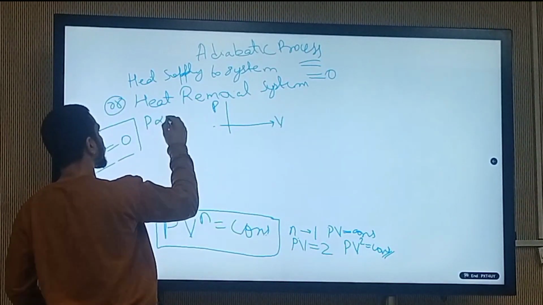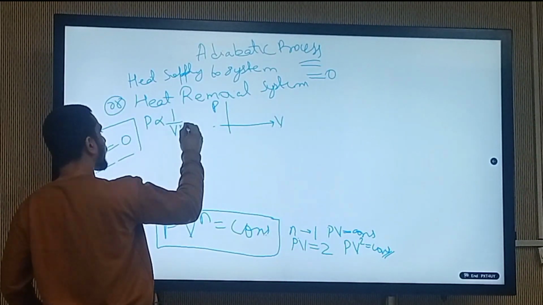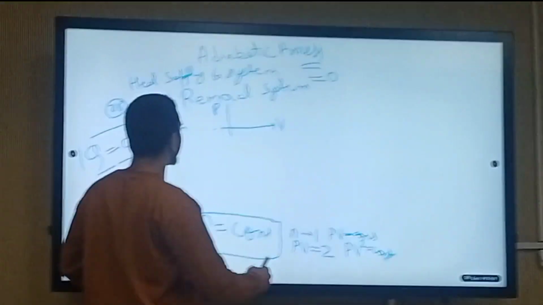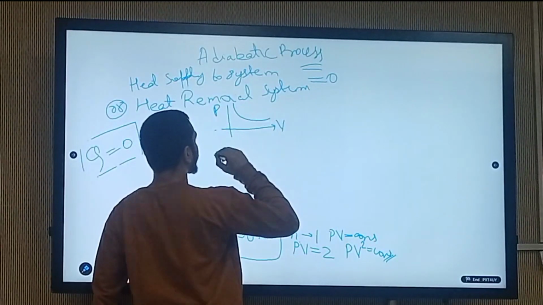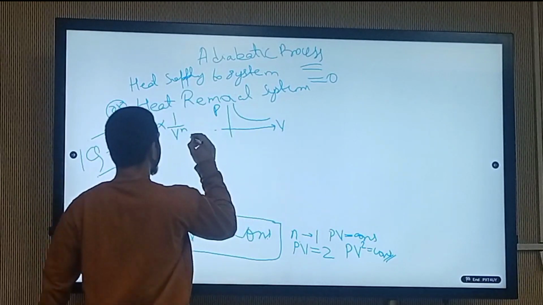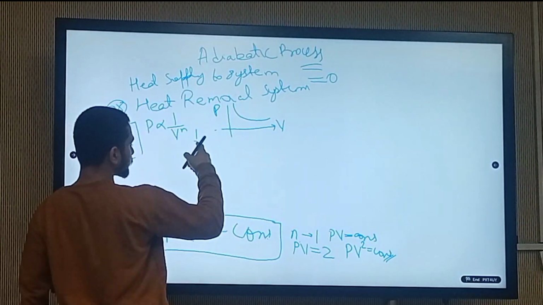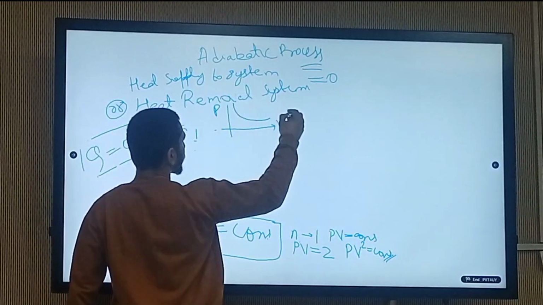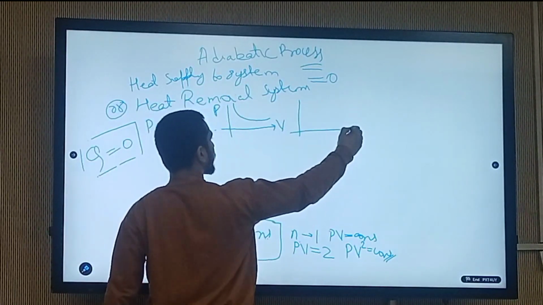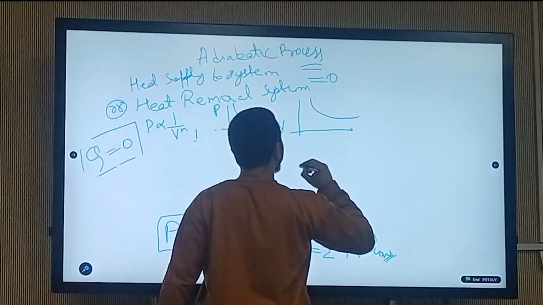Okay, so P is directly proportional to 1 by V to the power n. Okay, so the first graph, for n = 1, will be like this, and next will be 1 by x square. Okay, so 1 by x square graph will also be like this only.